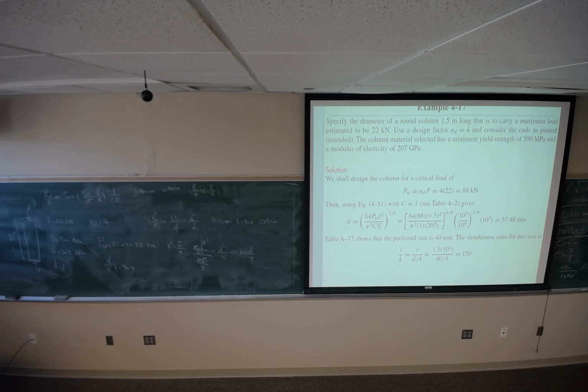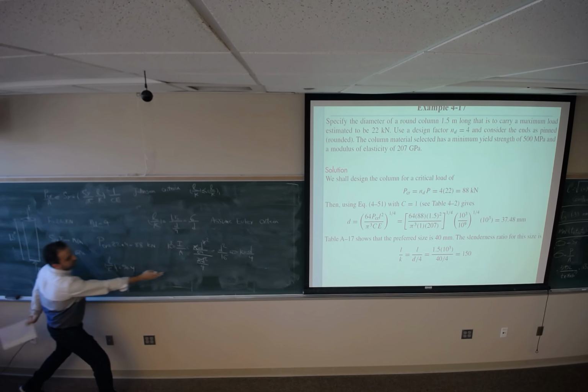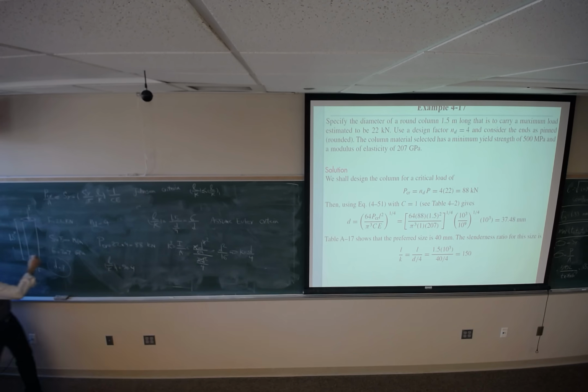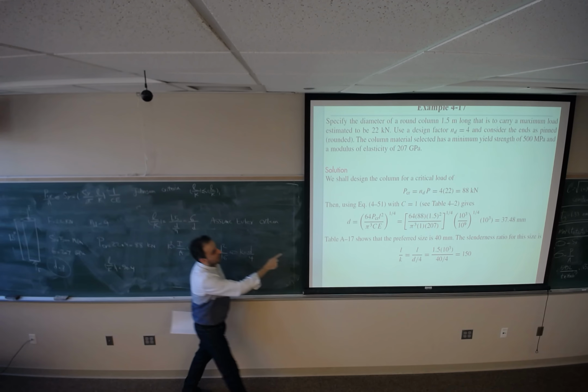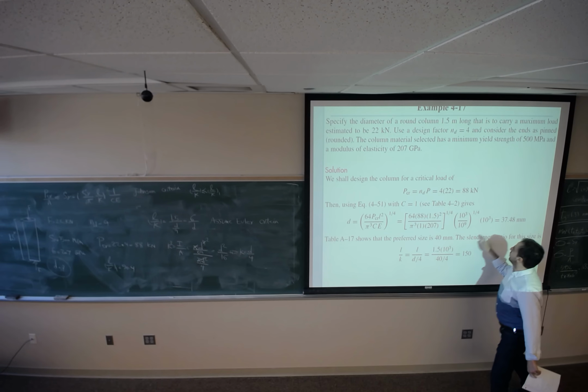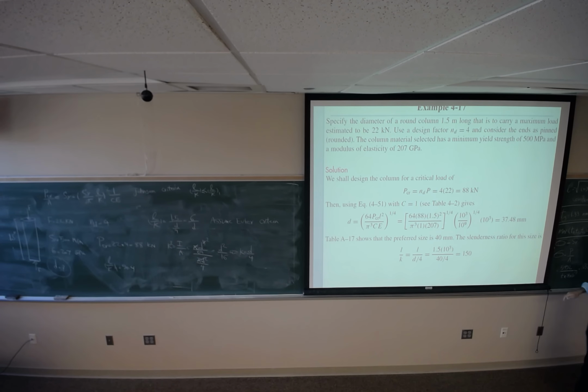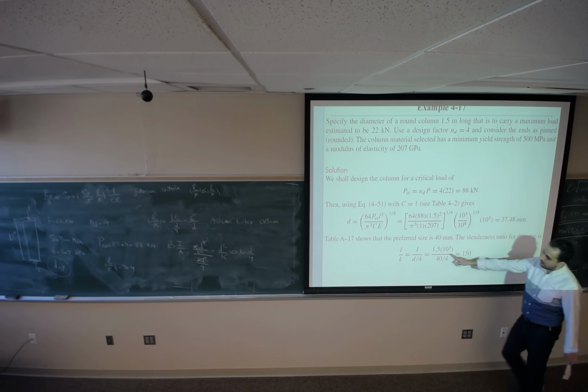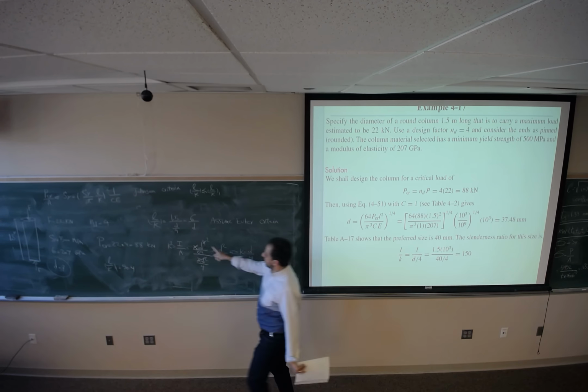Area is pi d squared divided by 4. C is given, pi squared E, L over K is a function of d. We solve for d. So we find d equals 37.48 millimeter.